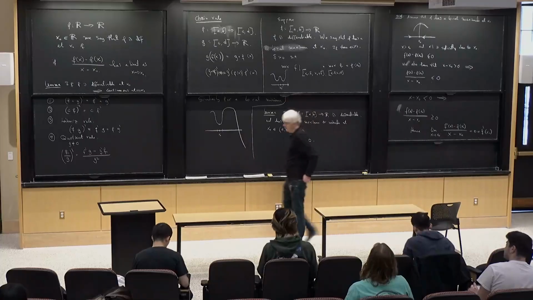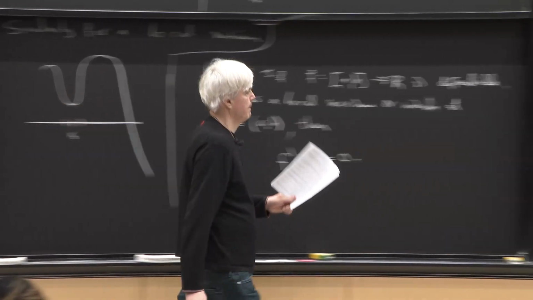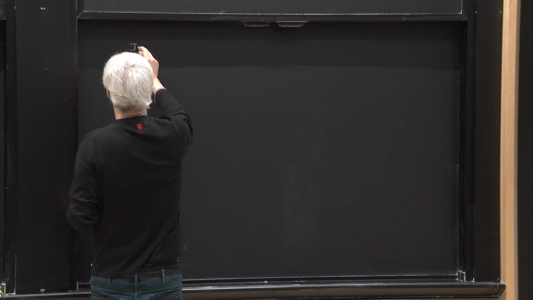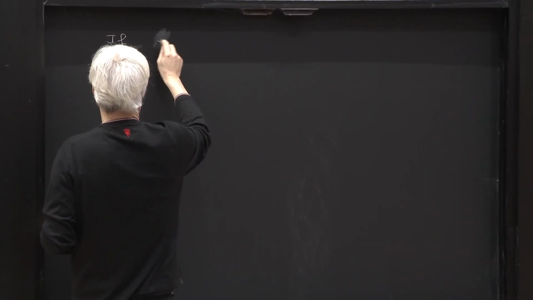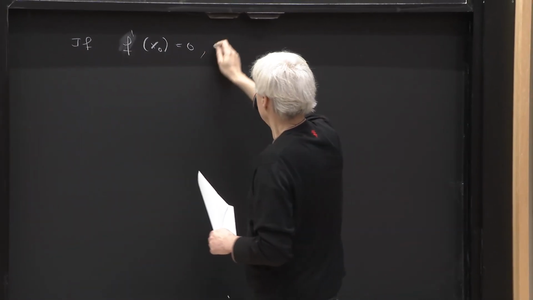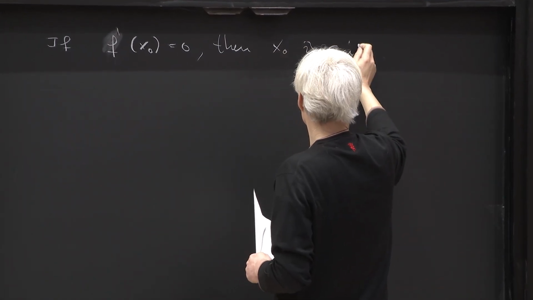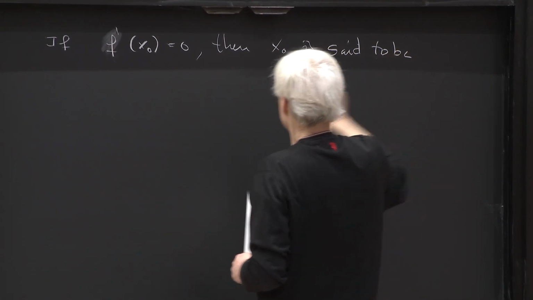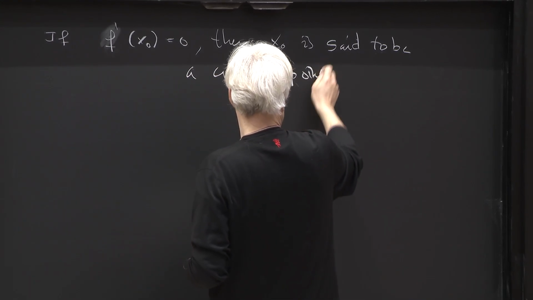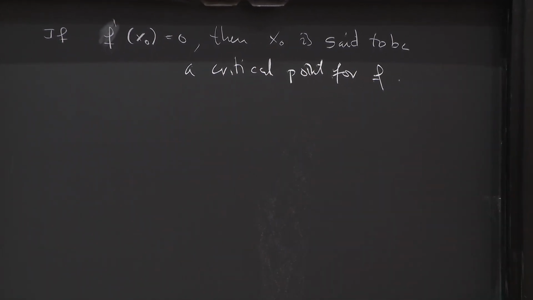And a point where the derivative, so maybe I'll just say that, if f prime at x0 is equal to 0, then x0 is often said to be a critical point for f.